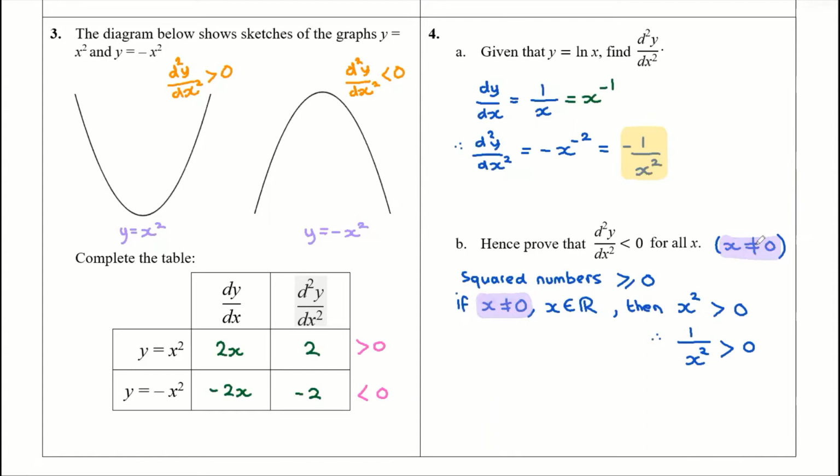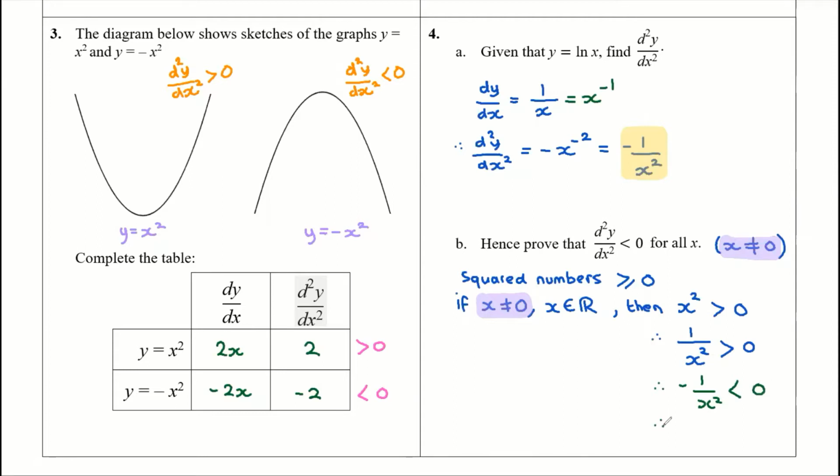Now, because we've got 1 over x squared, it's not quite the same as our derivative. We need to change the sign of both sides. So therefore, minus 1 over x squared. If we change that into a negative number, this has to be strictly less than 0. Now we've got our statement.